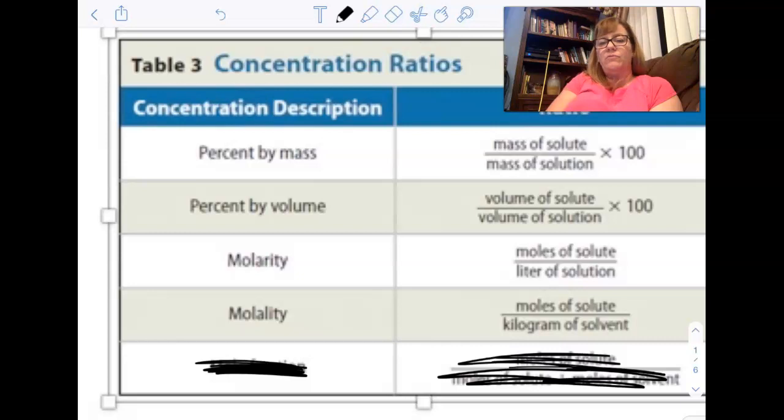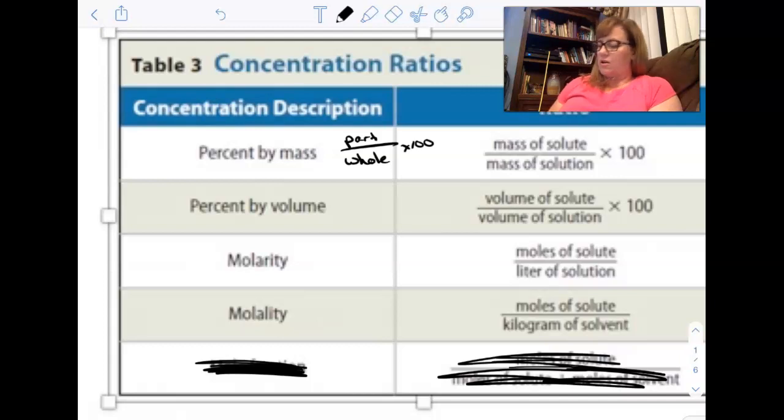So when we're looking at this, as you can see, these are all ratios. They are comparisons in some way between the amount of solute and the amount of solution, or the amount of solvent, depending, right? On the first 2, they're percents. Remember, I told you that a percent is always the part divided by the whole times 100.